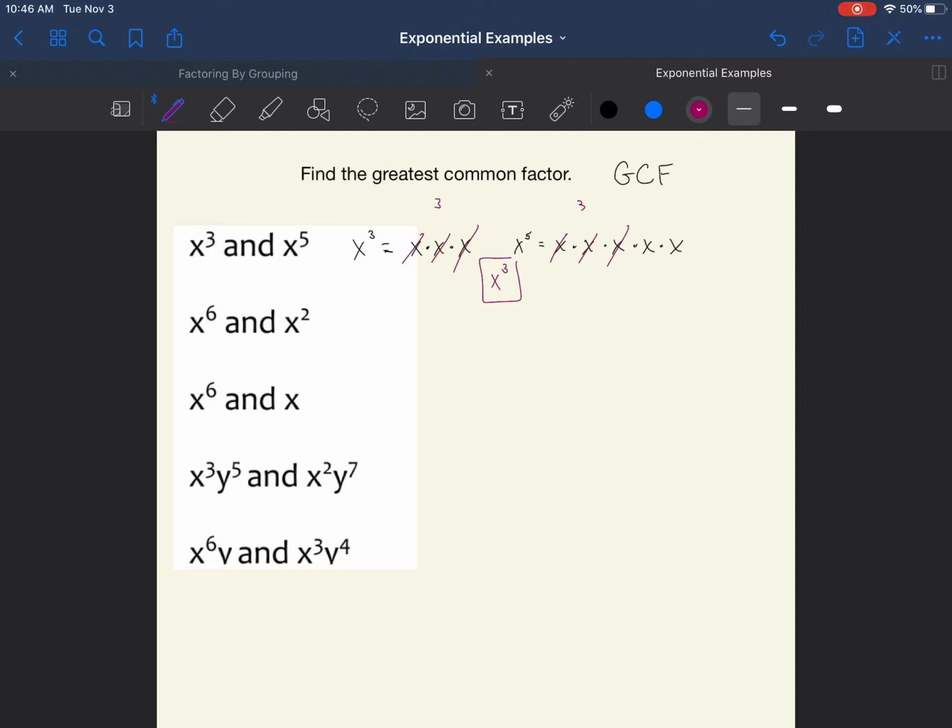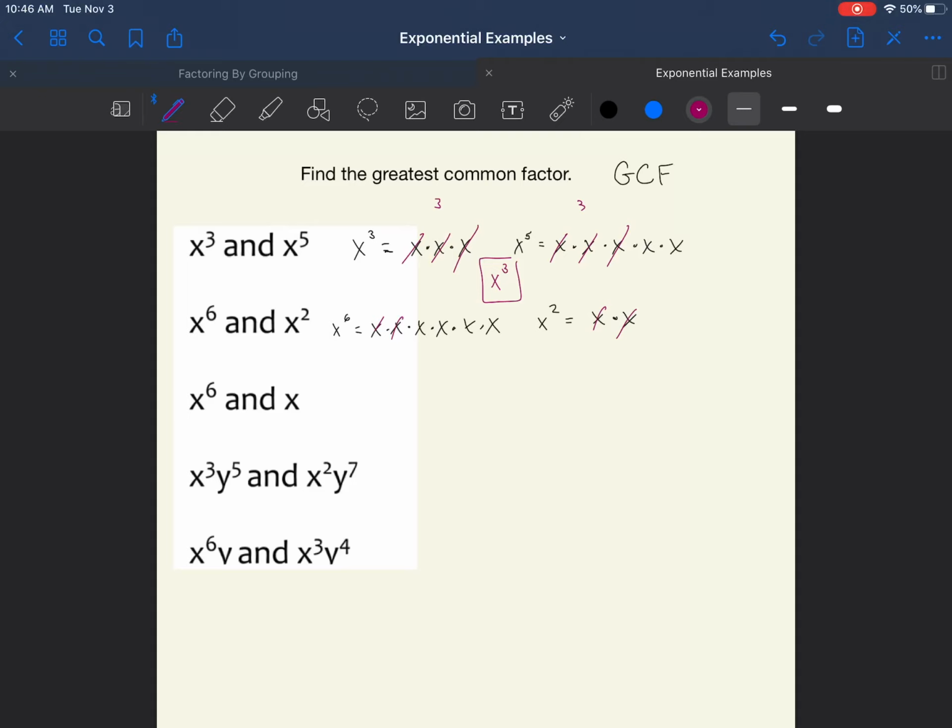Let's look at the next one that way. We have x to the sixth and x squared. x to the sixth is x times x times x times x times x times x, and x squared is x times x. So again, I'm just going to cross out 1 here, 1 here, 1 here, 1 here, and I am out to cross out.